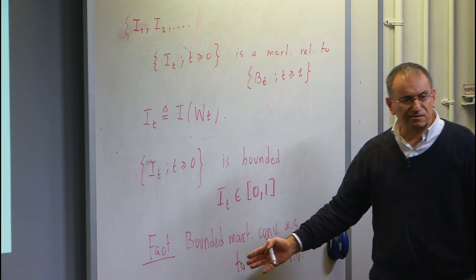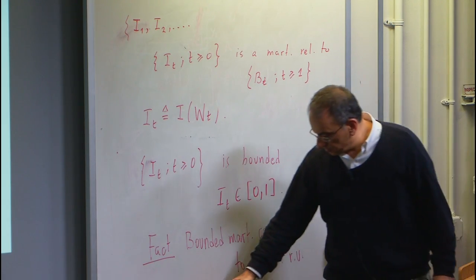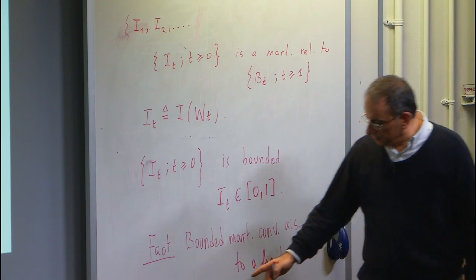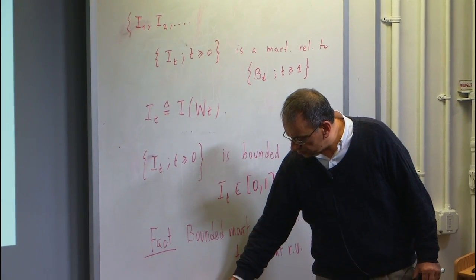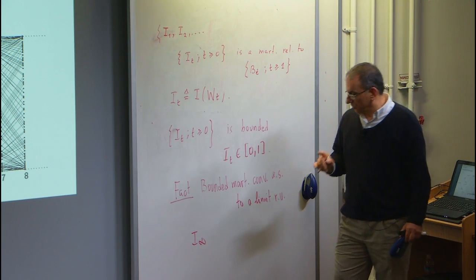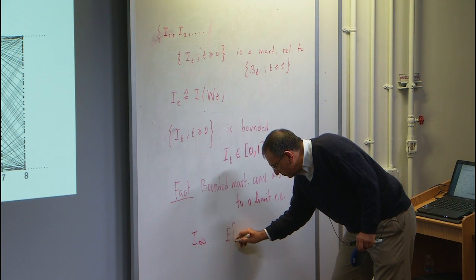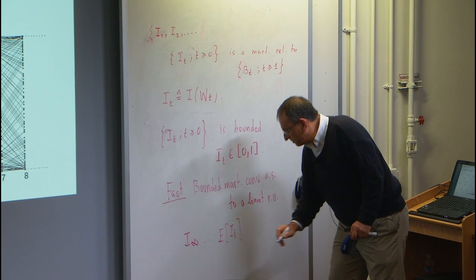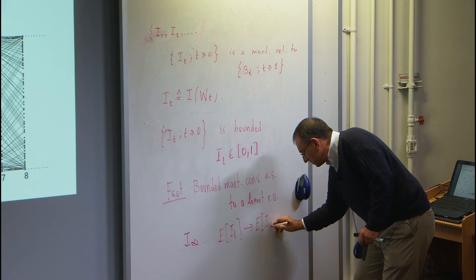It's a proper random variable. It has a distribution. The distribution of this limit shows polarization. We can show that this only takes the values 0 and 1. But there is also L1 convergence, which enables us to say that the expectation of I_t converges to the expectation of I infinity.